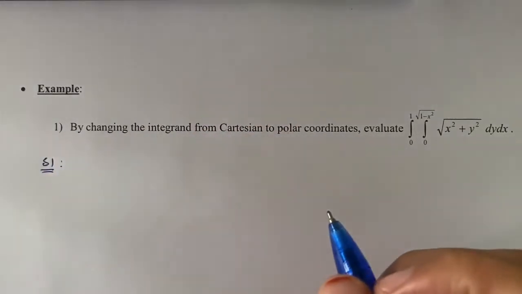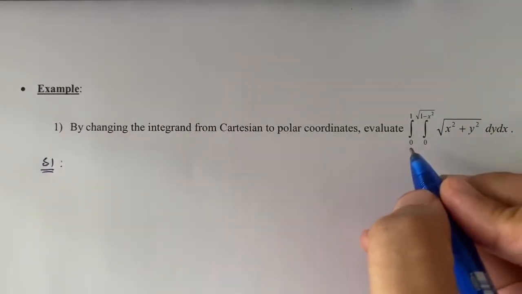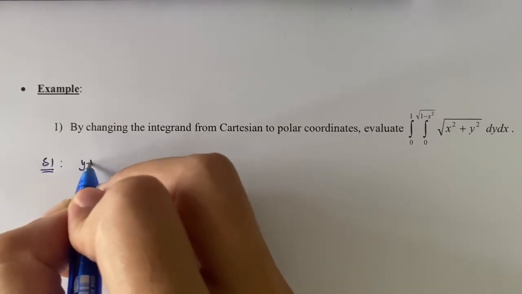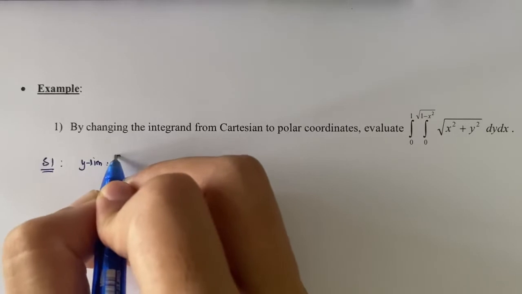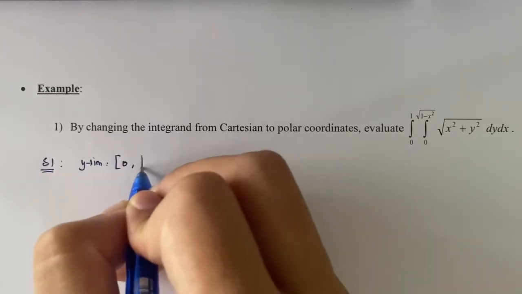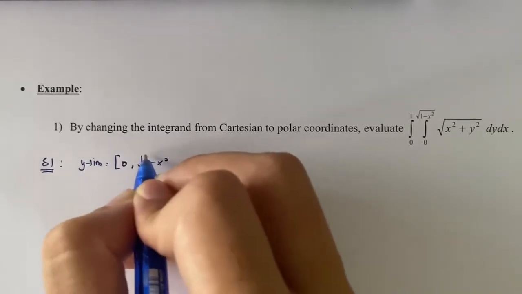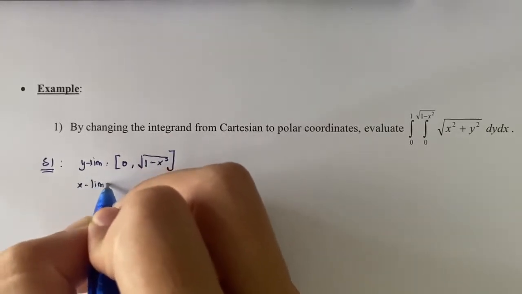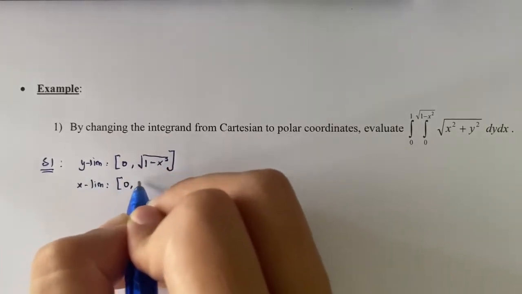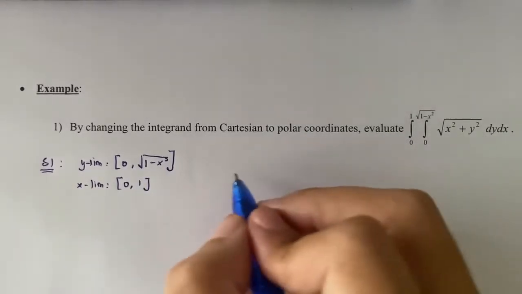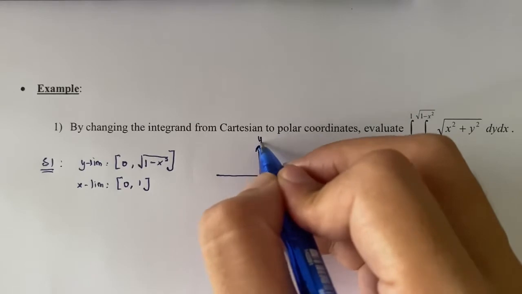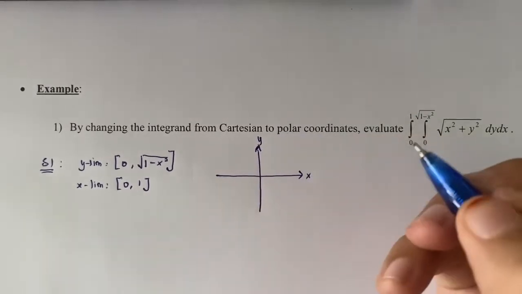always sketch the region. For this one, you know that the y limit is from 0 to square root of 1 minus x square, and the x limit is from 0 to 1. To sketch it, this is your y, this is your x.